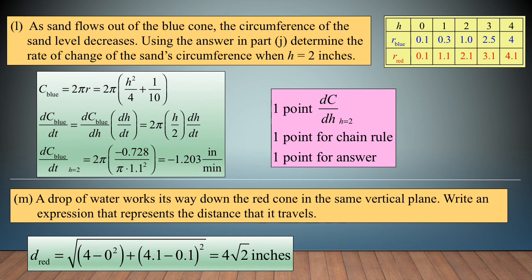The points are (0, 0.1) and (4, 4.1). Using the distance formula, the distance is the square root of (4 minus 0) squared plus (4.1 minus 0.1) quantity squared, and that turns out to be 4 square root of 2 inches. Only 1 point here for the answer.